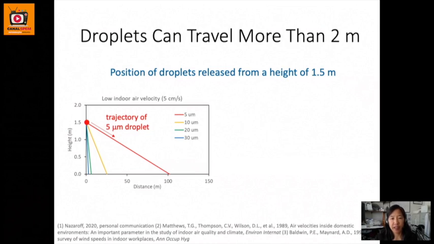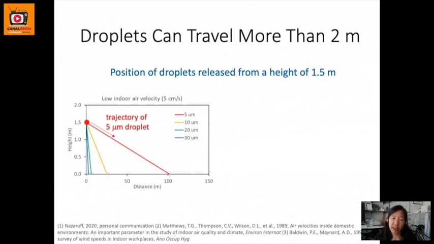And so here I'm looking at the trajectory of droplets released from a height of 1.5 meters. And in a couple of different scenarios, one is with a low indoor air velocity of about 5 centimeters per second. Even if the air in a room is still, it's moving around. And this would be an extreme case if that velocity were directed in a single direction.